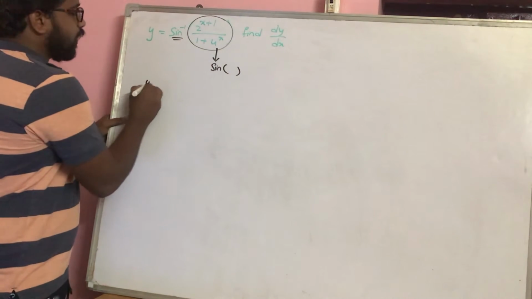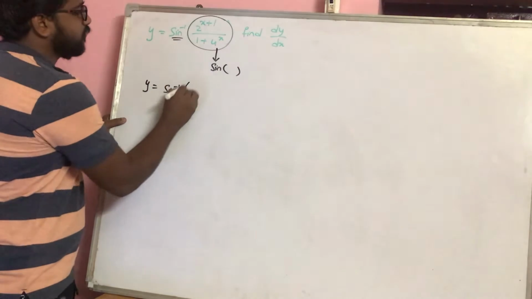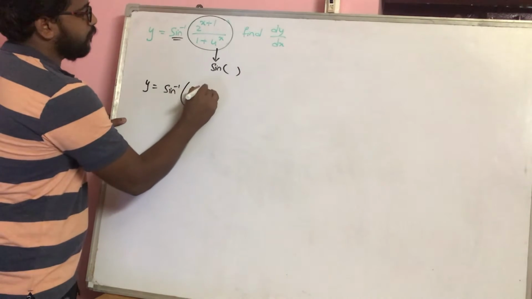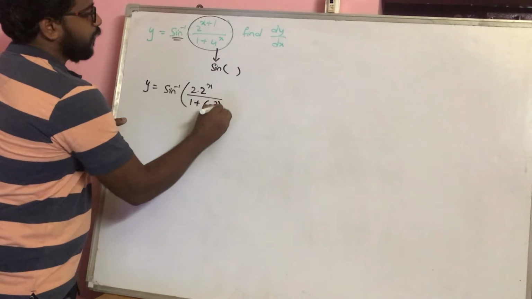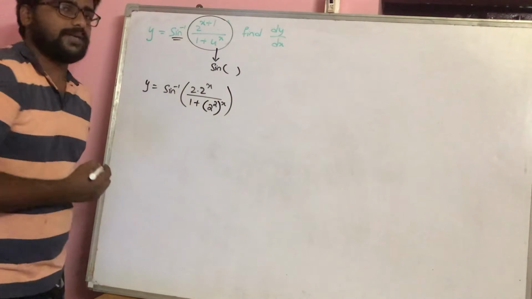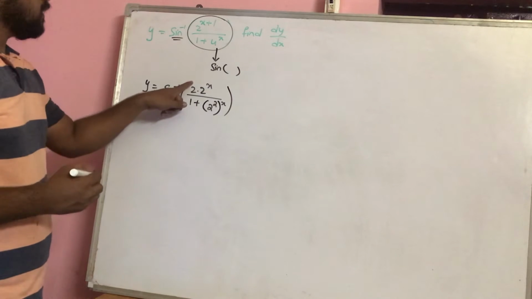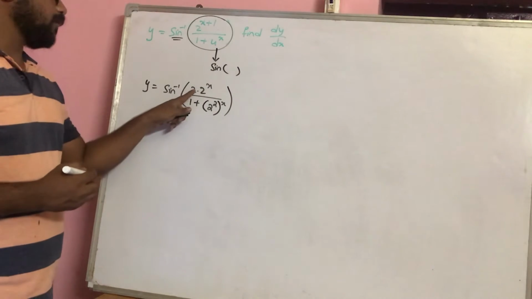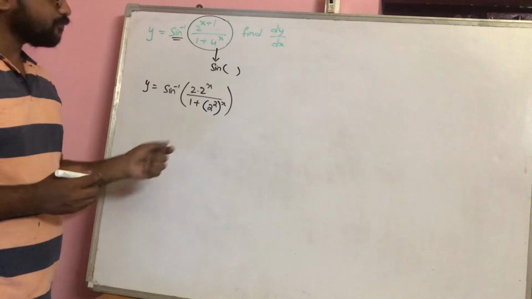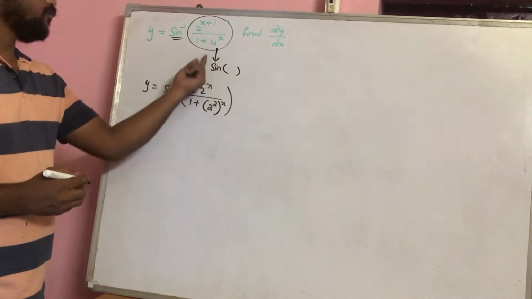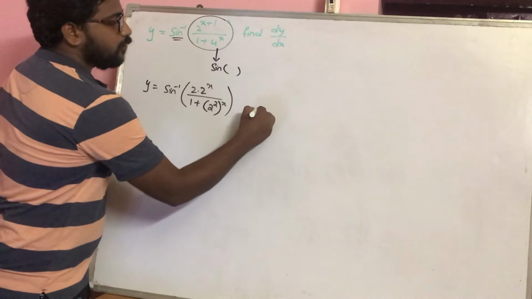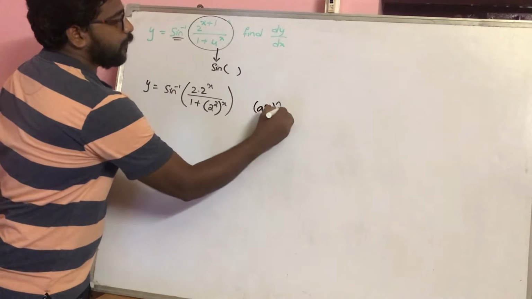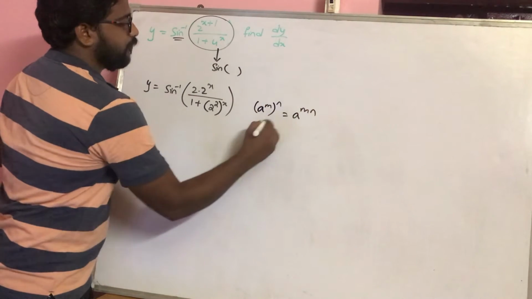So if I start with y is equal to sine inverse of, this can be written as 2 into 2 power x. This is a power m plus n, which is a power m into a power n, and this 4 I wrote as 2 power 2. So we know that a power m whole power n is a power mn.